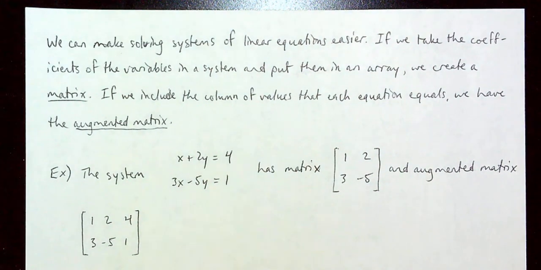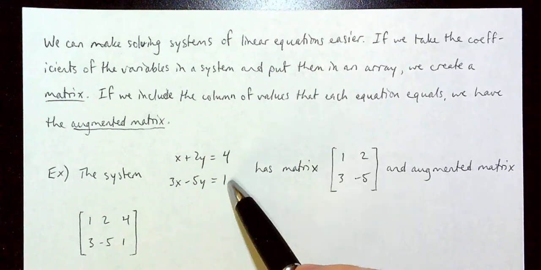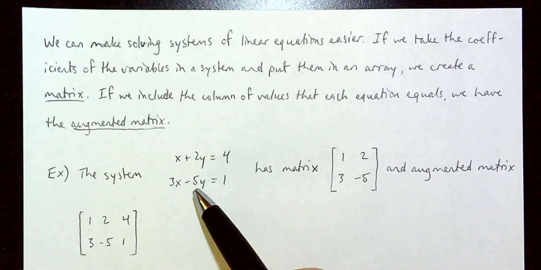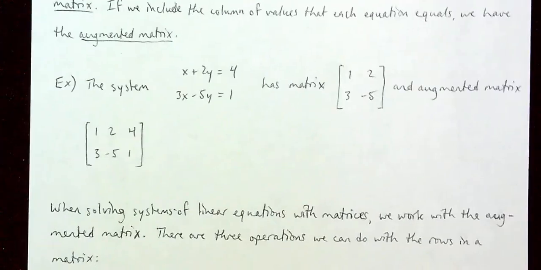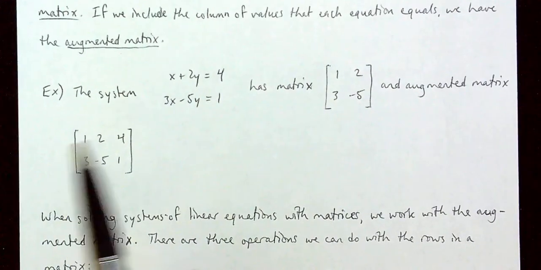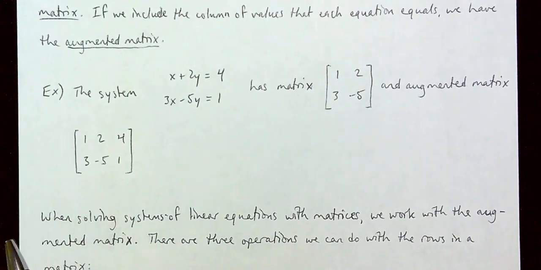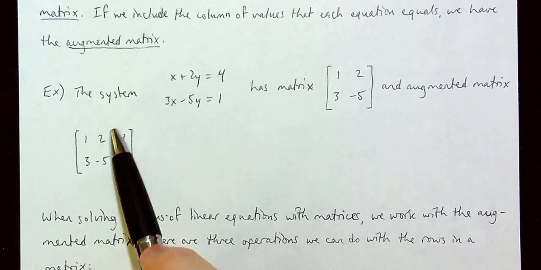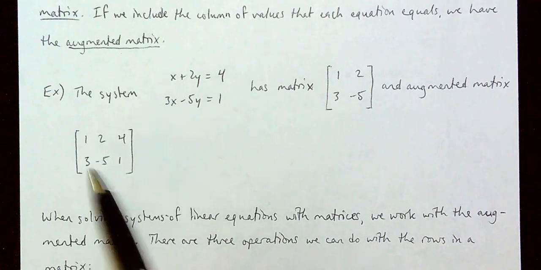If I include these 2 numbers here, the values that each of these things are equal to, that gives me my augmented matrix: 1, 2, 4, 3, negative 5, 1. You just take the corresponding coefficient and put it in its corresponding place.